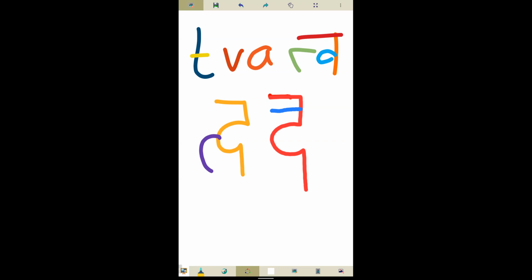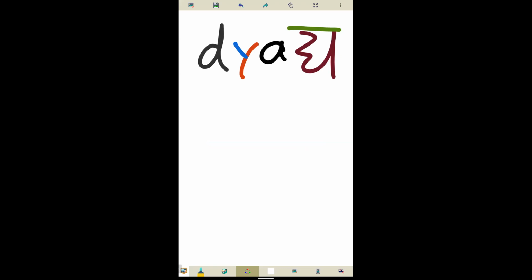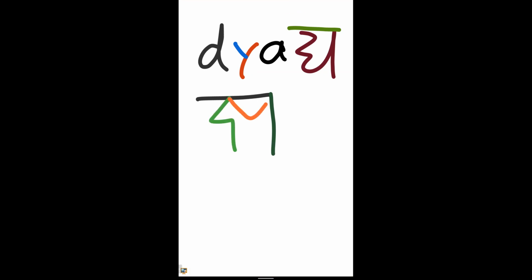And now dya. We have seen the dya. So D Y A. As you have seen, the da, and then ya. It is dya. But what is the variant form? It looks like Devanagari. In the beginning of the Devanagari consonant cluster, you have one horizontal line.